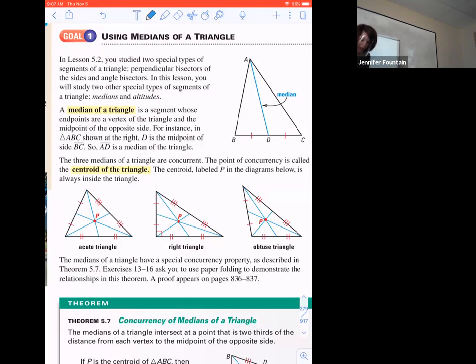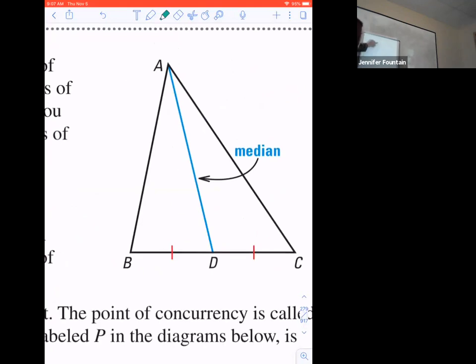A median of a triangle is a segment whose endpoints are a vertex of the triangle and the midpoint of the opposite side. Okay, so a segment whose endpoints are a vertex of the triangle and the midpoint of an opposite side. So that means it's going to start at the vertex. Remember, the vertex is any of my points, and it's going to bisect the other side.